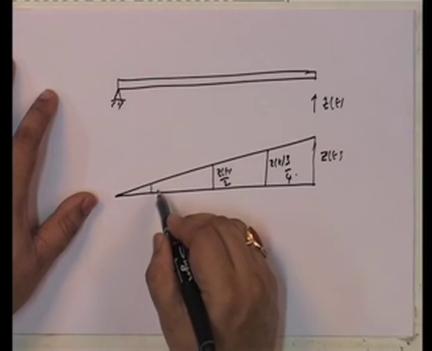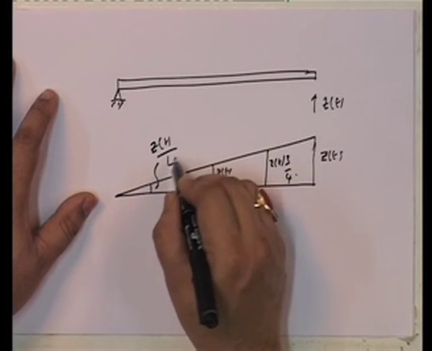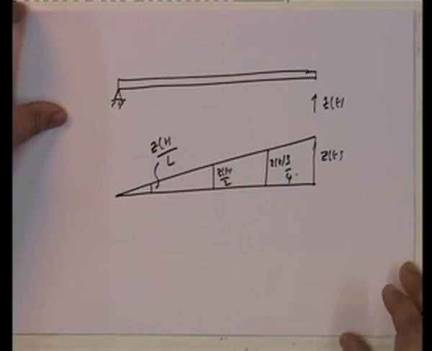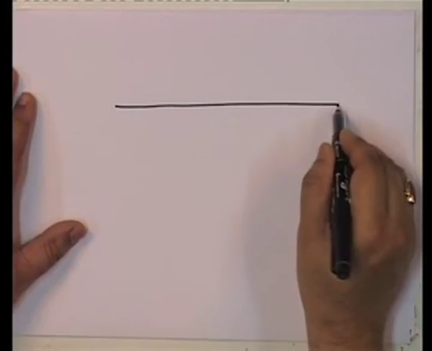And what is this equal to? This is equal to z of t by L. Therefore, if I look at the forces due to this displacement, what do I get? I get the following forces.